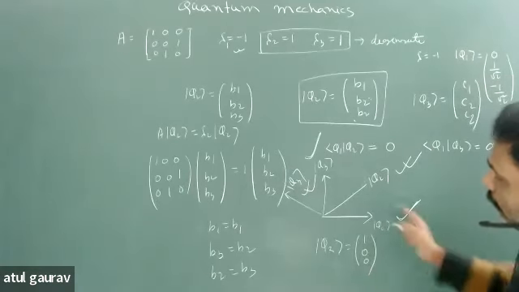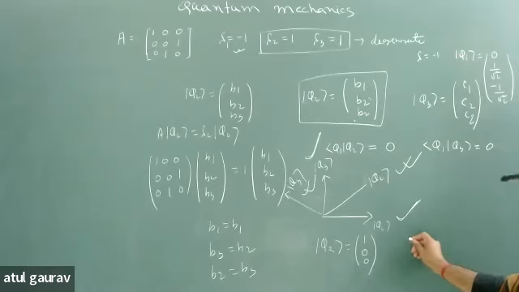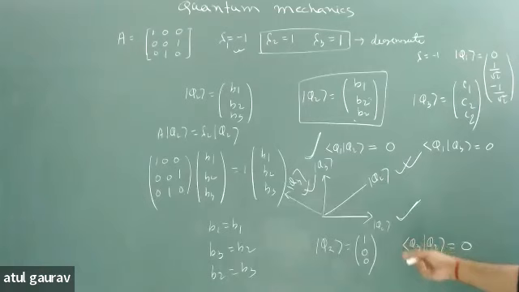Then what will be my phi 3? Then my phi 3 must be orthogonal to this one, isn't it? Then what will happen? Then phi 3, phi 2 must be equal to 0. So what you will get?